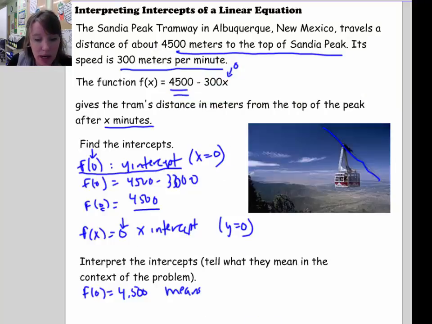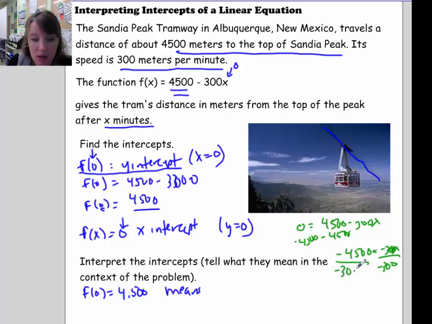Well, if you do that and you solve for it, you would have 0 is equal to 4,500 minus 300 times x. So here, let's subtract this from both sides. We'd have negative 4,500 is equal to negative 300x. So let's divide each side by 300. And over here we have x left.